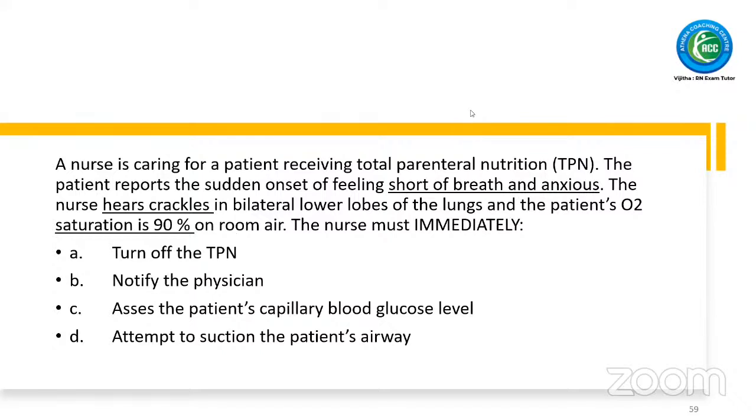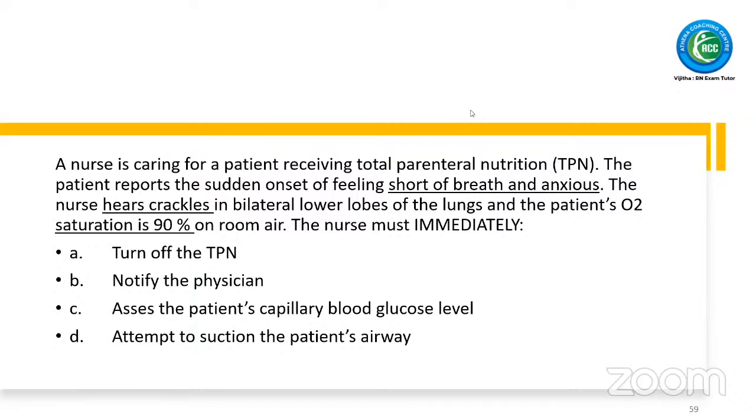So what are the complications that we learned while receiving TPN? Circulatory overload, pulmonary edema, infection, and hyperglycemia, which is a common thing.